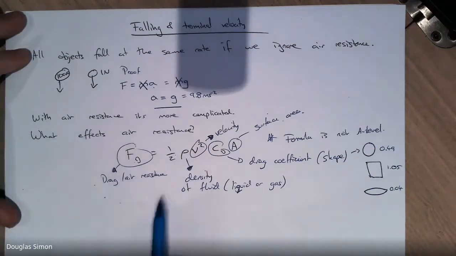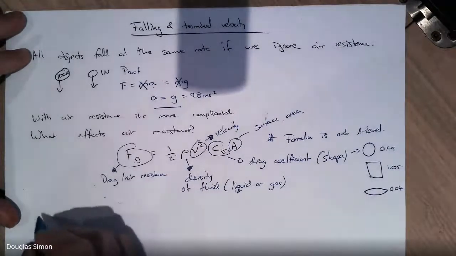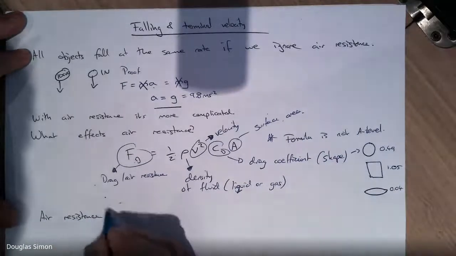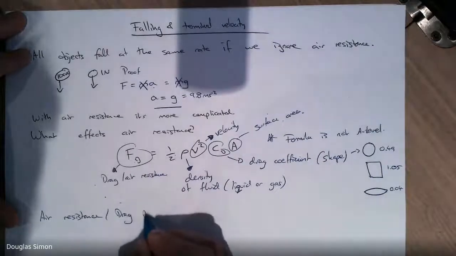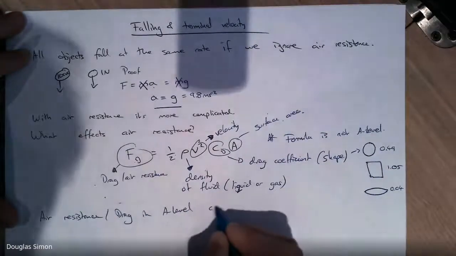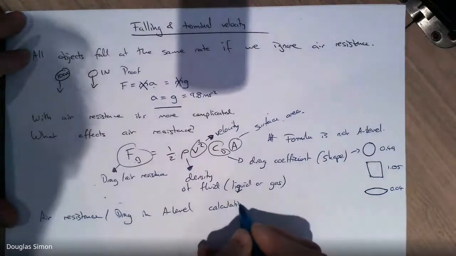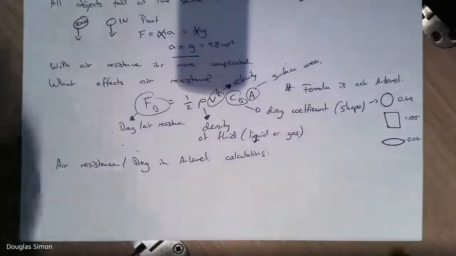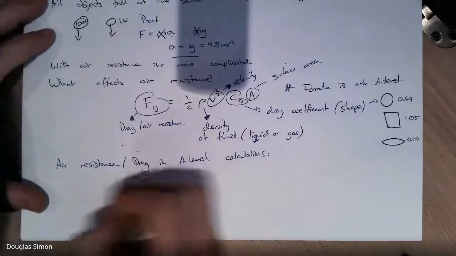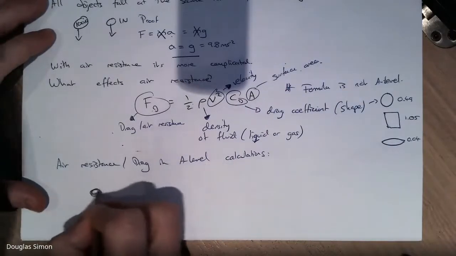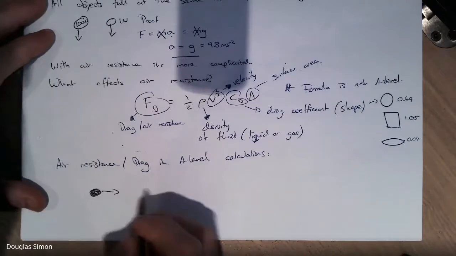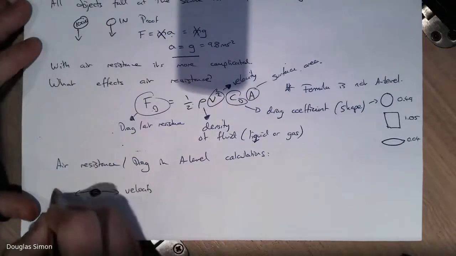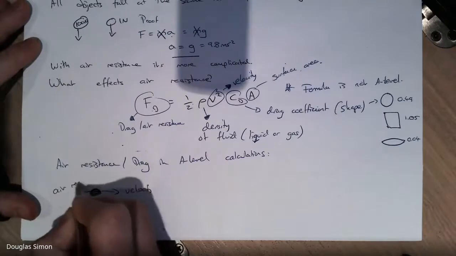So how can we actually use air resistance in calculations or drag? So this is a little bit more simple than this formula, okay? We will have some object moving with some velocity, and there will be a force of air resistance.